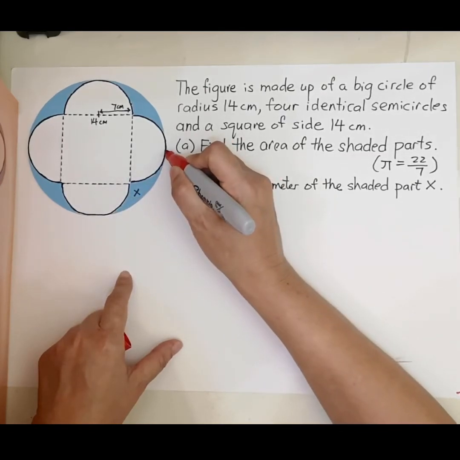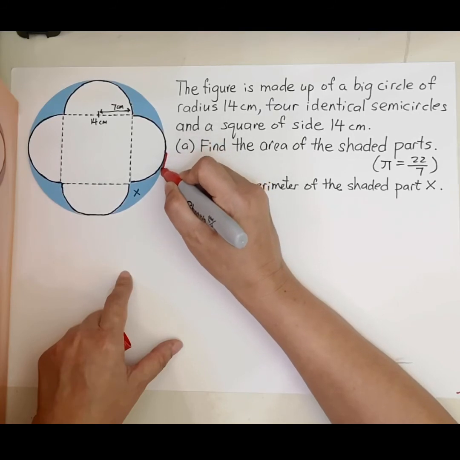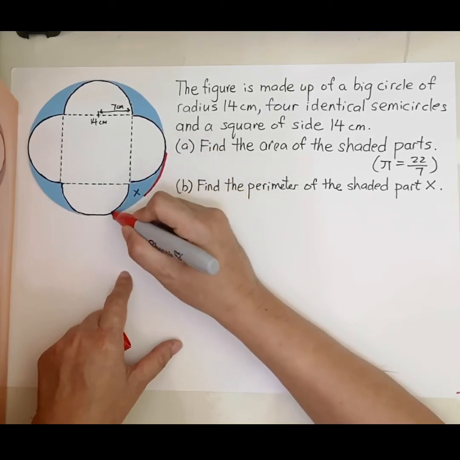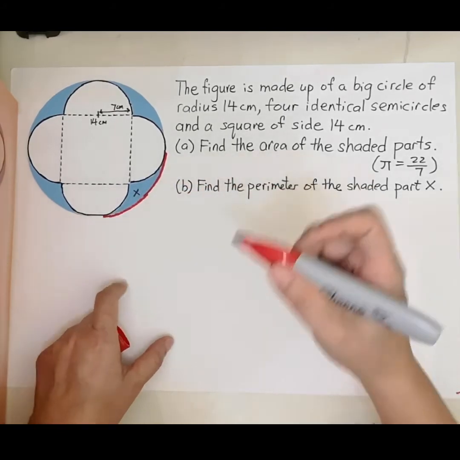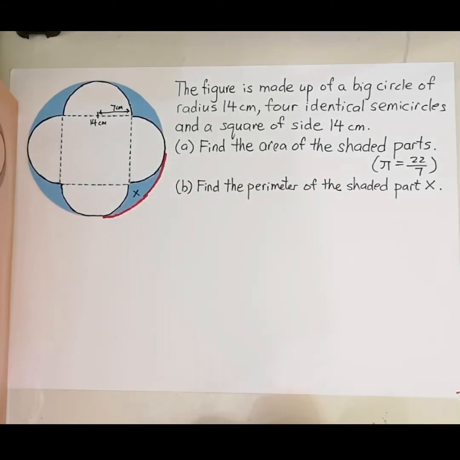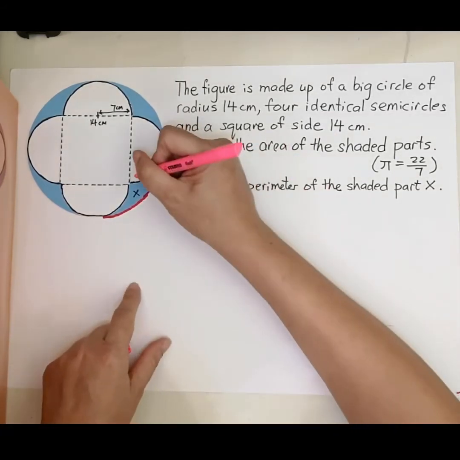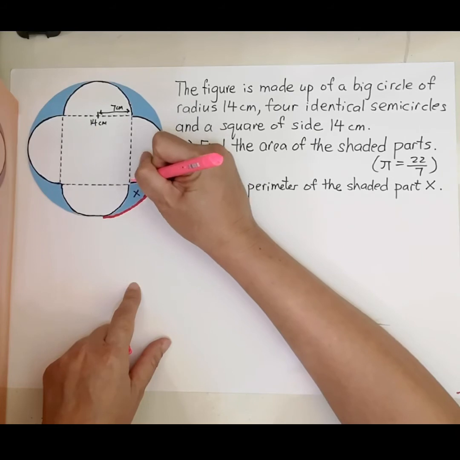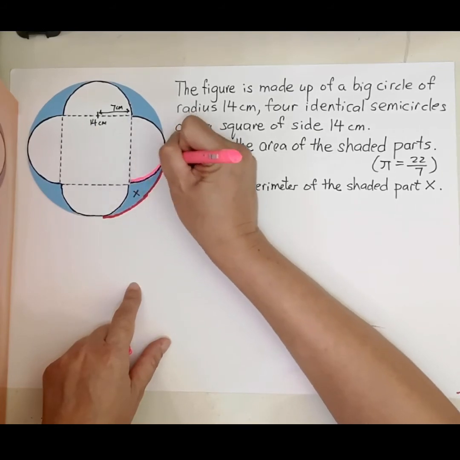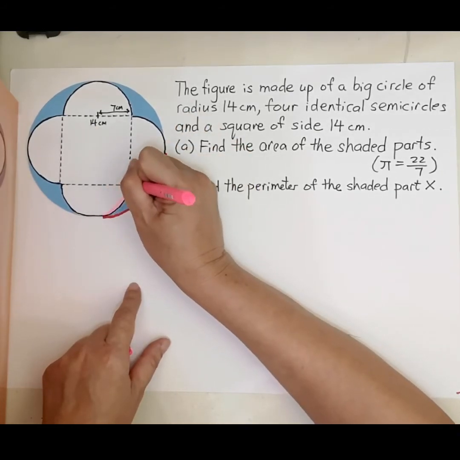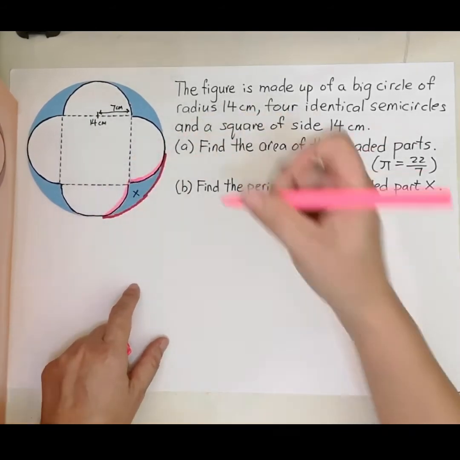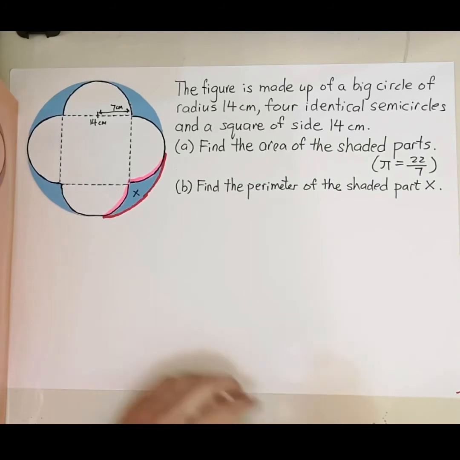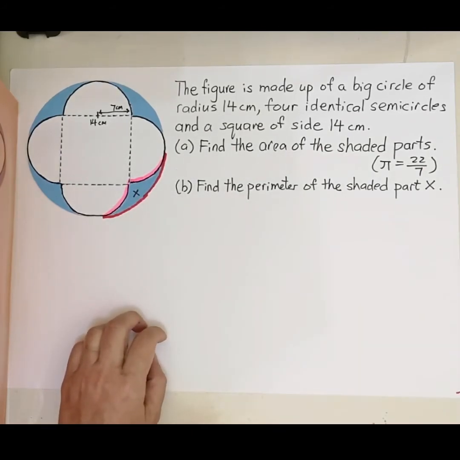So the outline of shaded part X is made up of this curve here, this red curve, together with two shorter pink curves here. Okay, so this is the outline of the shaded part.